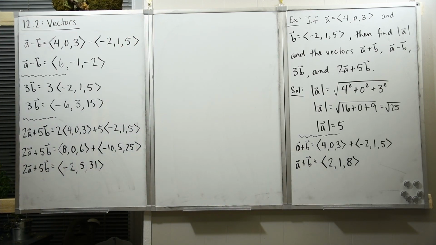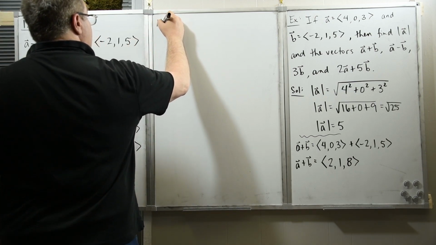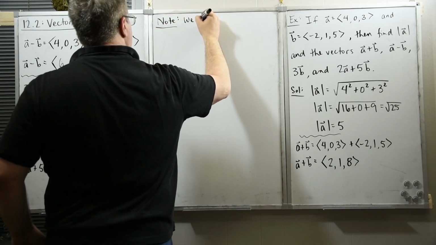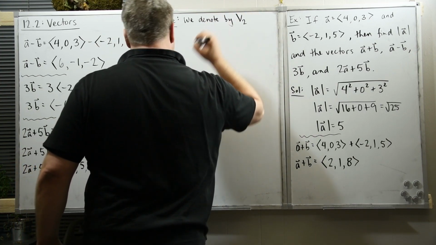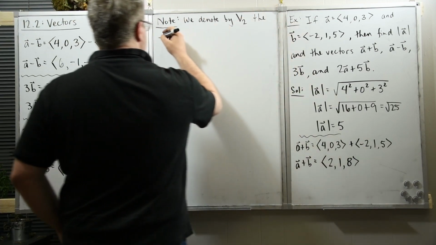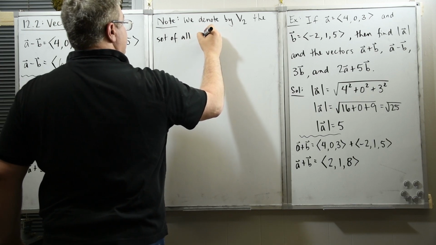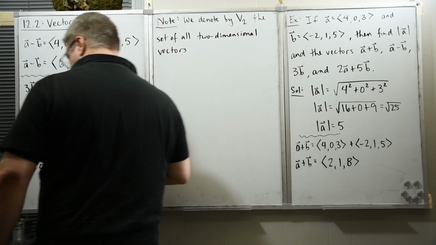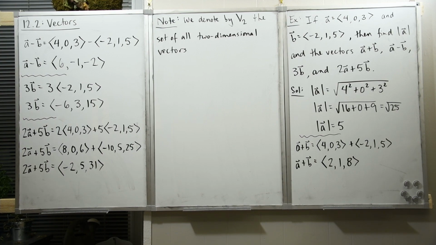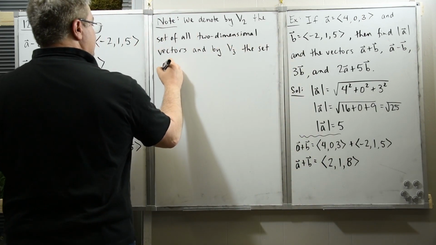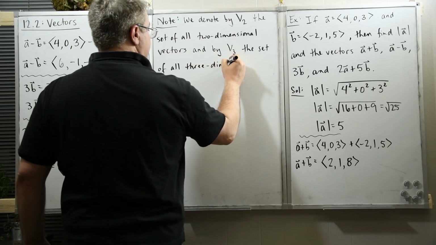So I've got another note that I would like to put up here. And so in this note, we're saying that we're going to denote by V sub 2 the set of all two-dimensional vectors and by V sub 3 the set of all three-dimensional vectors.